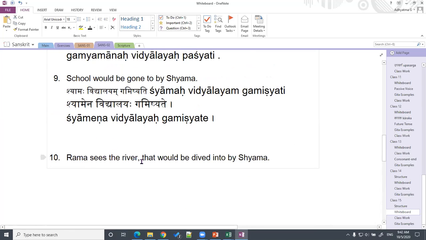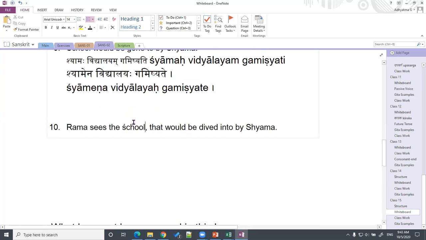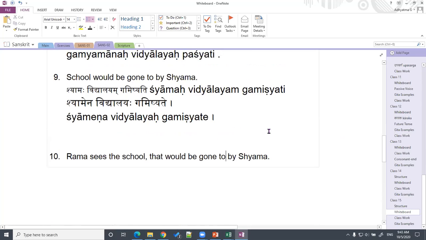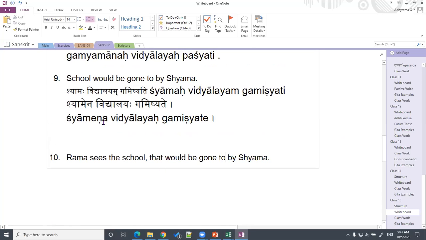So here I see Rama sees the school, that would be gone to by Shyama. So here it becomes the participle.